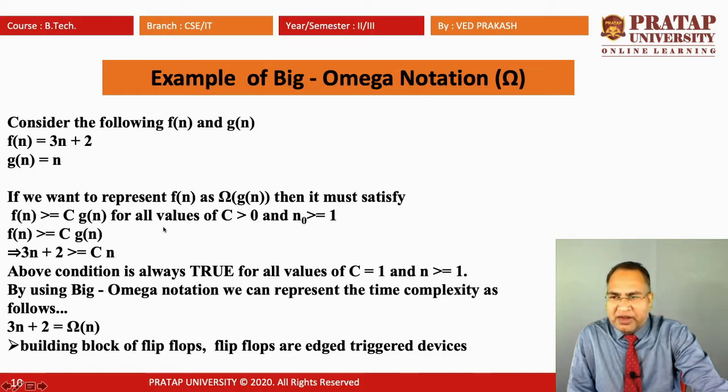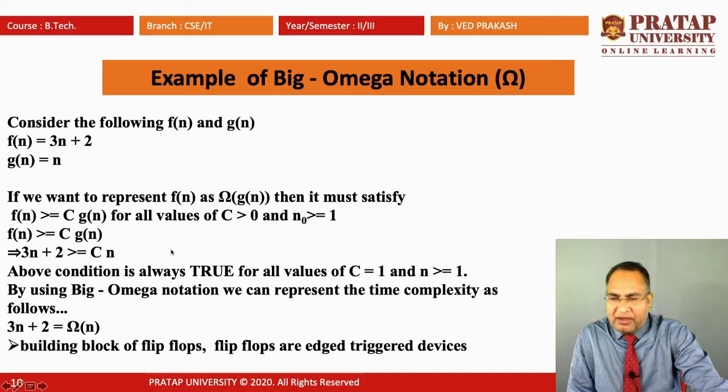So, according to the definition, F(n) should be greater than or equal to a constant multiple of G(n). We put in the values of F(n) and G(n): F(n) is 3n plus 2 and G(n) is n, multiplied by the constant C.